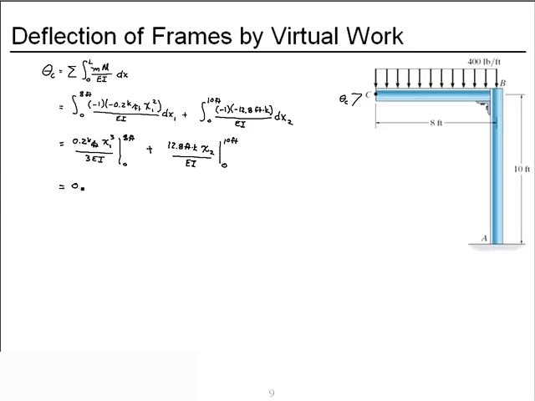That equals 0.2 kip per foot, 8 feet cubed over 3 EI minus 0, which is evaluating the lower bound of our definite integral. And by the way, remember, in double integration, we had constants of integration because we had indefinite integrals. In virtual work, we have definite integrals, so we have no constants of integration.